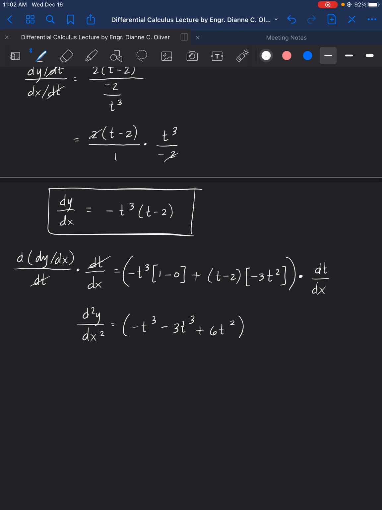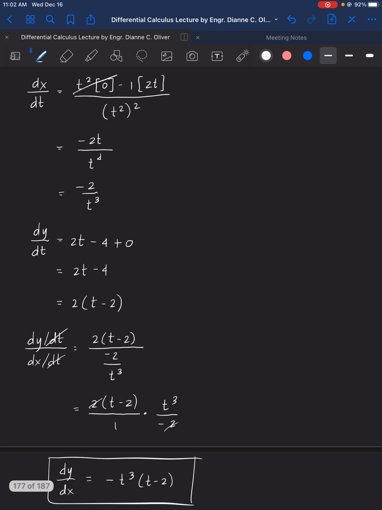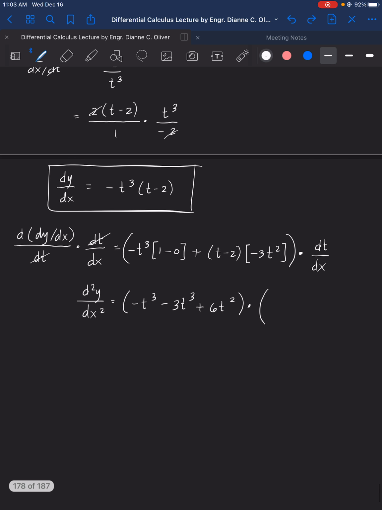Then the dt over dx here is, yeah, you can put it like that. There you go. Our dx over dt is negative 2 over t cubed. So dt over dx will be negative t cubed over 2.